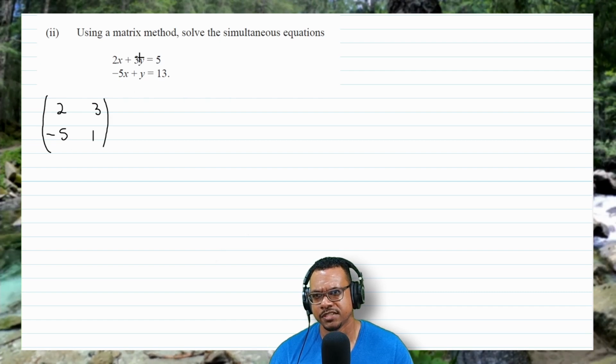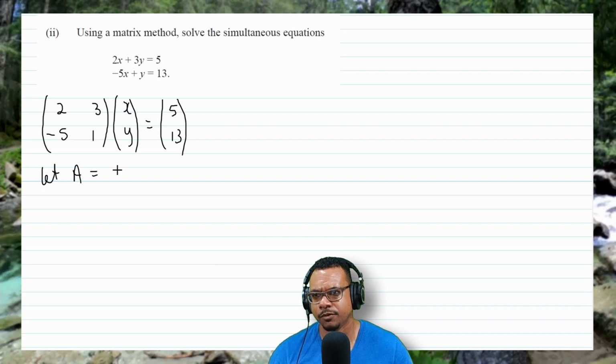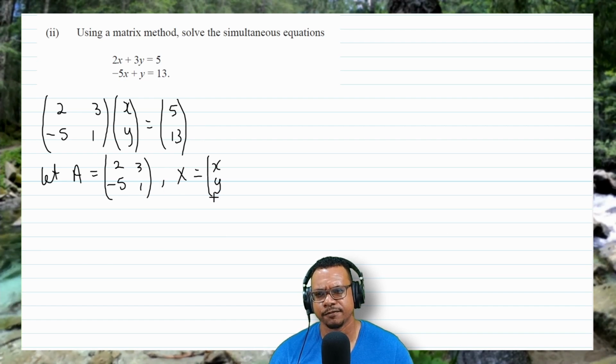Then we write our variables, x and y, and then our answers, the 5 and 13. I'll say let A be equal to the coefficient matrix, x be equal to x, y, and b be equal to 5, 13.